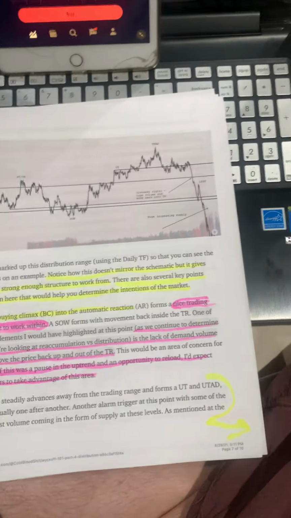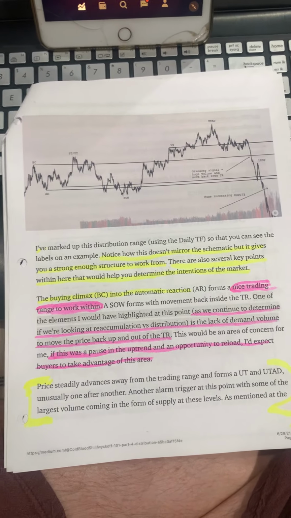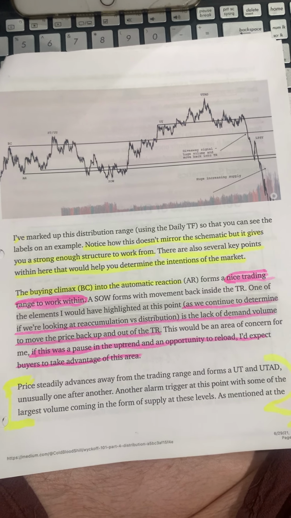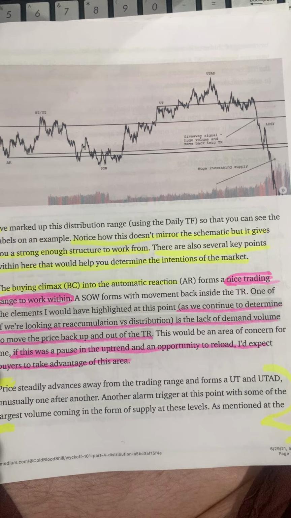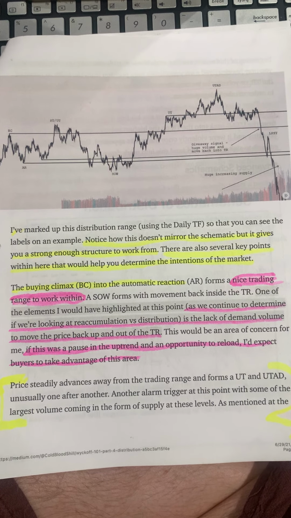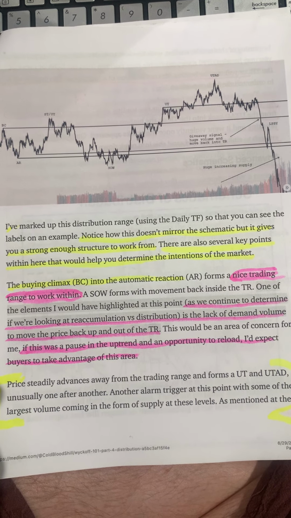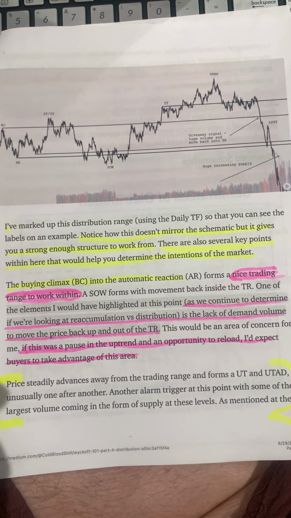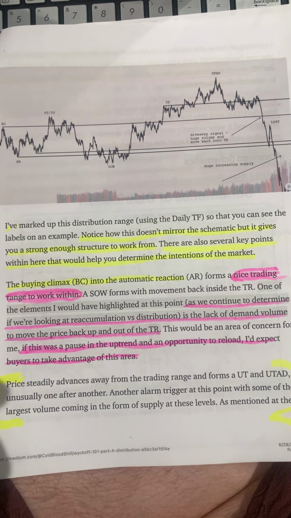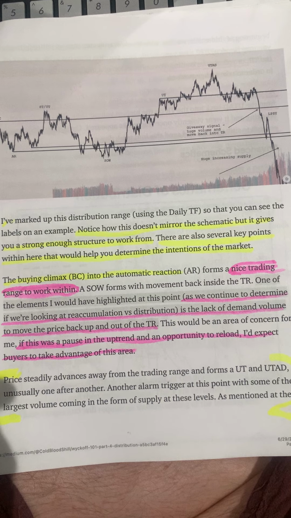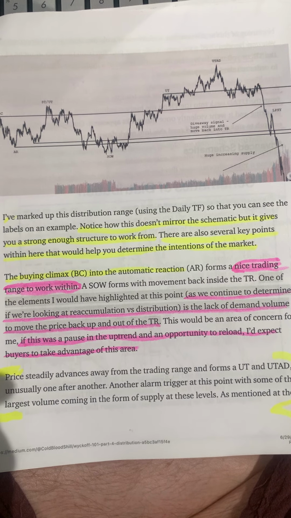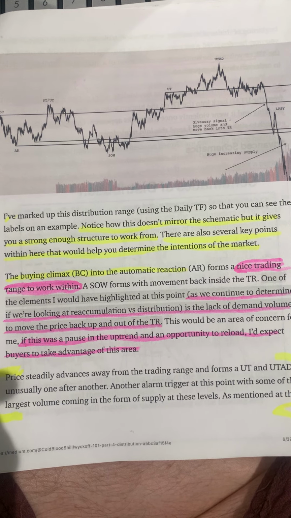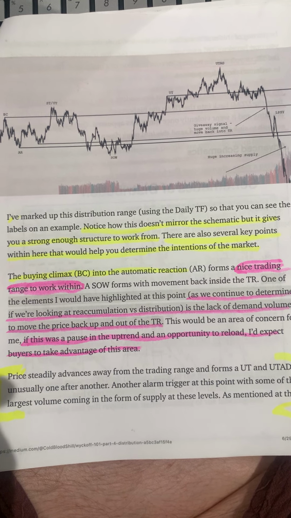Here's an example. This is a good one that'll bring it home. I marked up this distributive range using daily timeframes so that you can see the labels on the examples. Notice how it doesn't mirror the schematics, but it gives you a good enough structure to work with. There are several key points here that would be helpful for you to determine the intention of the market.